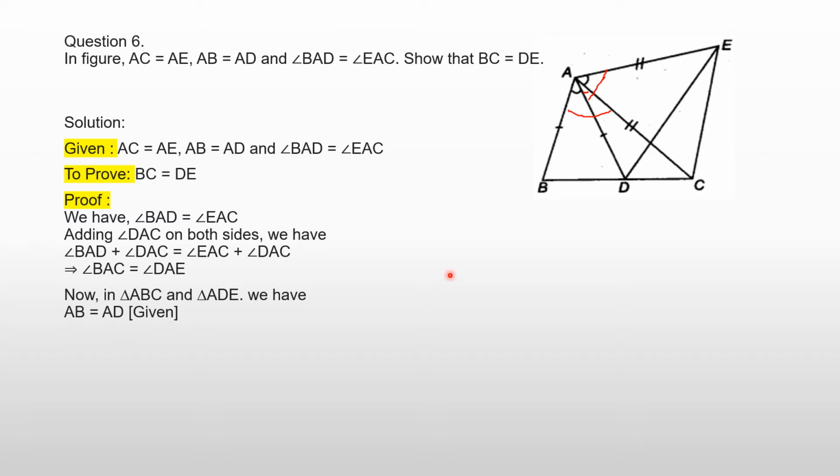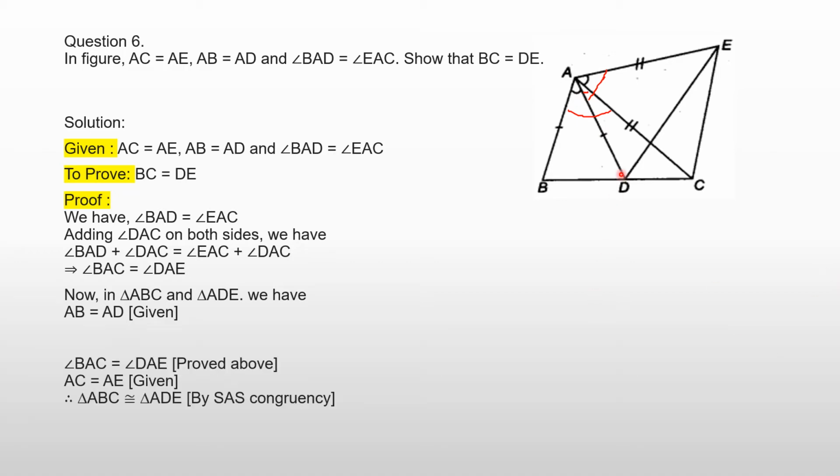Now see in these two triangles, which ones? ABC, we are taking the complete triangle. Another complete triangle is ADE. So in these two triangles, AB is equal to AD, given to us. What another thing is given to us? BAC, this complete angle, and DAE we have proved above, so it is also there.